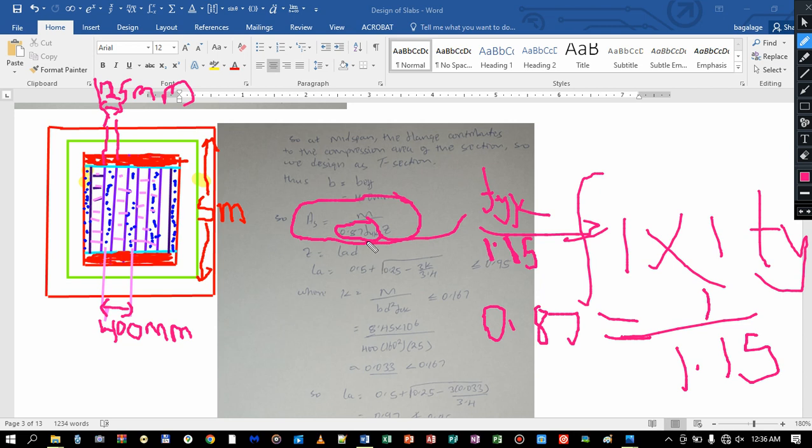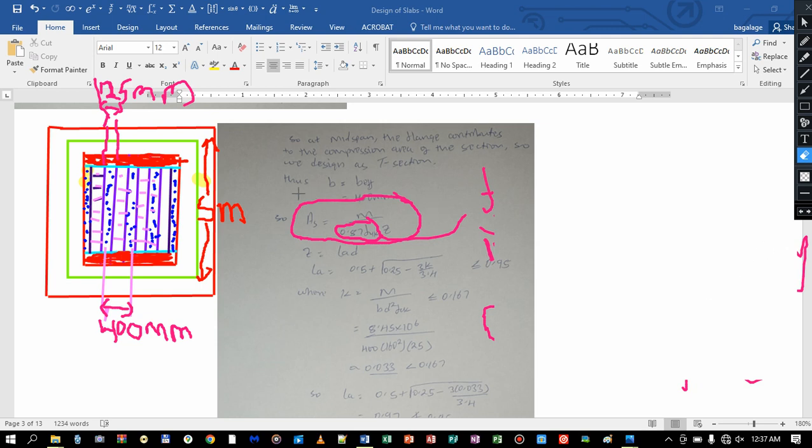We assume that the design assumes that the steel yields. Then z is the lever arm of the steel. You get this from the analysis of the section at the ultimate limit state.